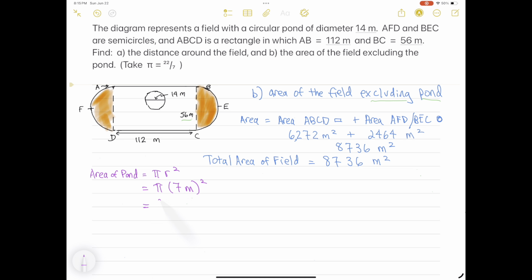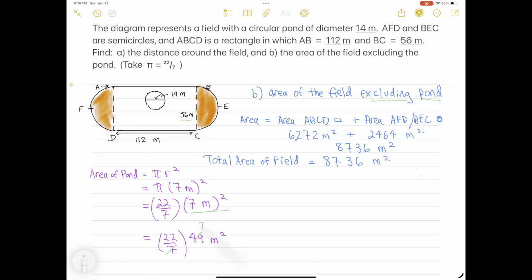I substitute 22/7 for pi, so now the equation is 22/7 times 7 meters square. According to order of operations, we must do the exponent before we do the multiplication. So 7 meters square would be 7 times 7, which is 49 meters square.